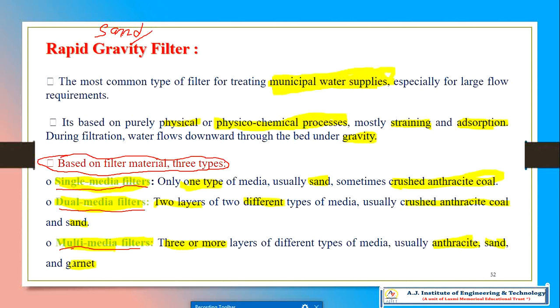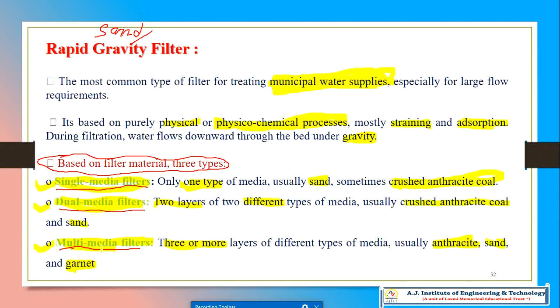I hope you understood the filter material under the three categories: single media filter, dual media filter, and multimedia filter.